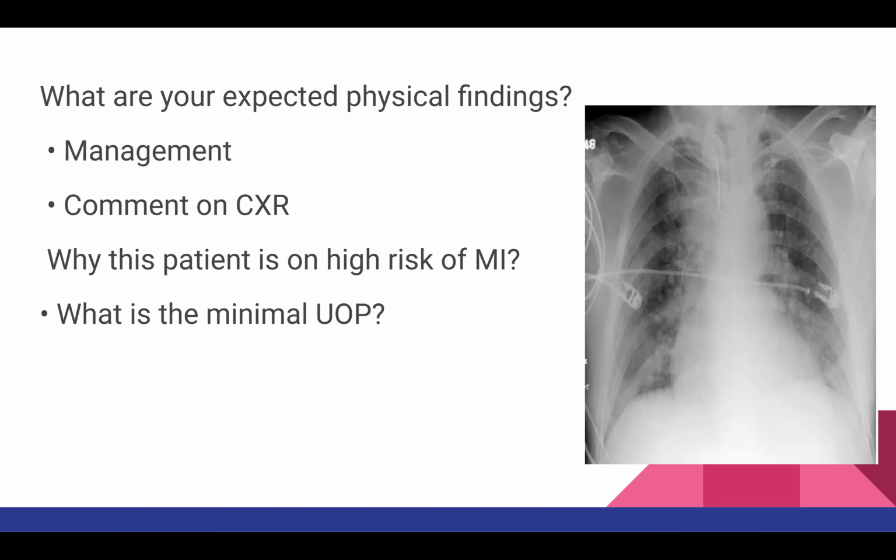I will do basic blood investigations, with a full blood count, urea and electrolytes, and lactate. And I will also do a chest X-ray and ECG. If needed, apart from the high flow oxygen, I will also give the patient some ventilatory support, like CPAP, which is preferred in this patient.